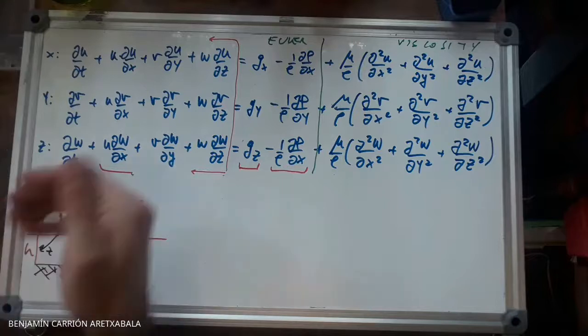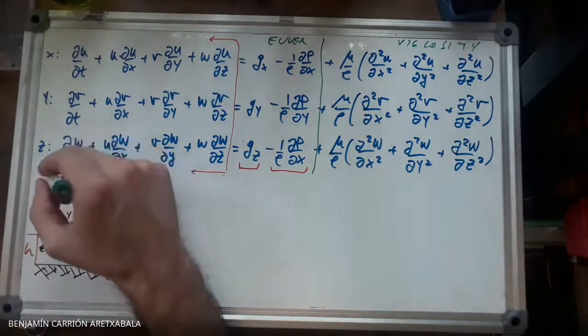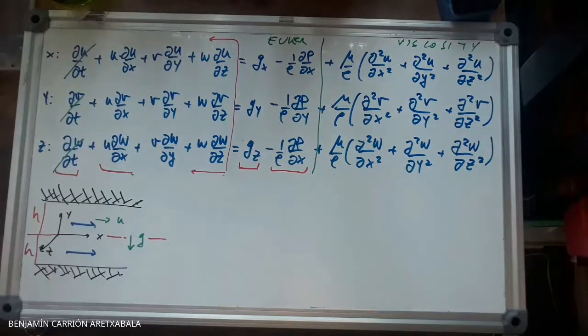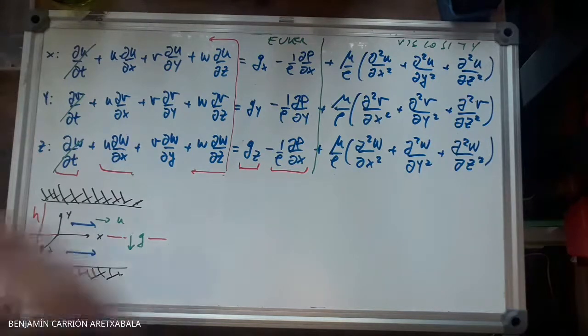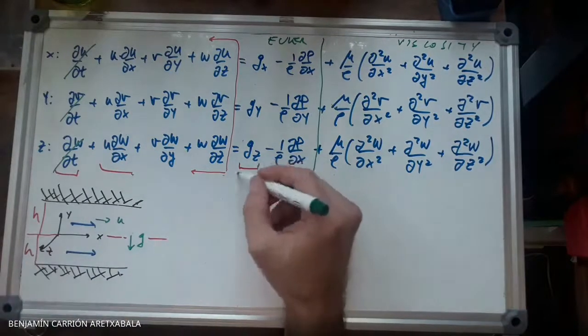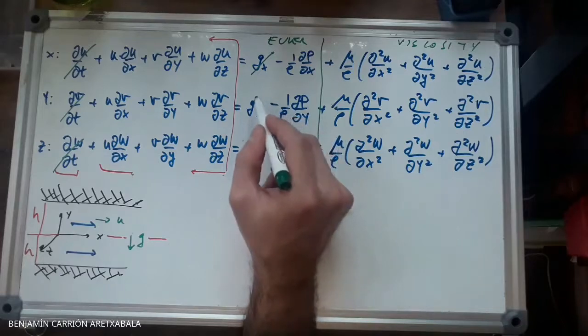So if this is steady flow, we can already kill everything that has a time derivative. So this should be zero, this should be zero, and this should be zero, right? Furthermore, we know that this is zero and this is zero because we're told that gy is minus g.